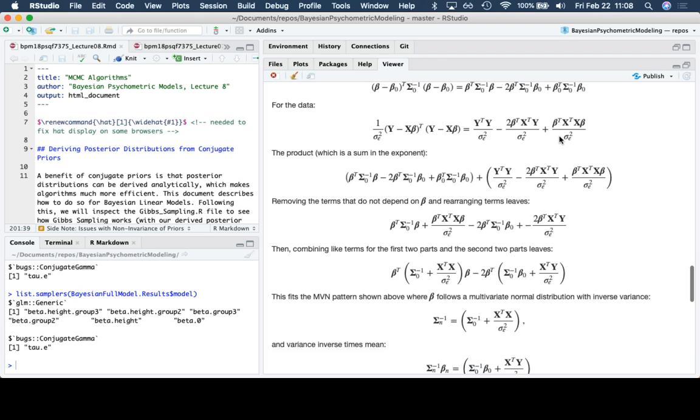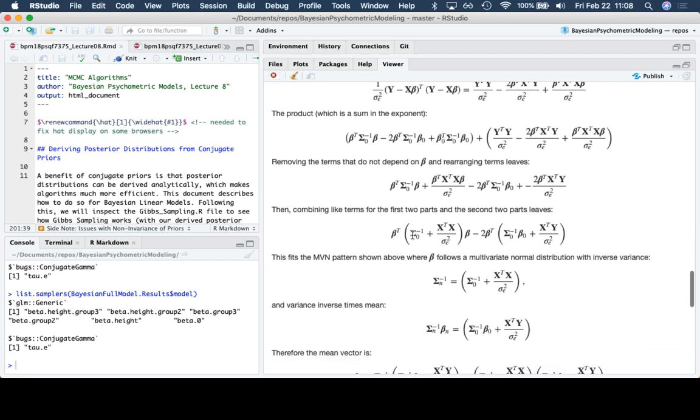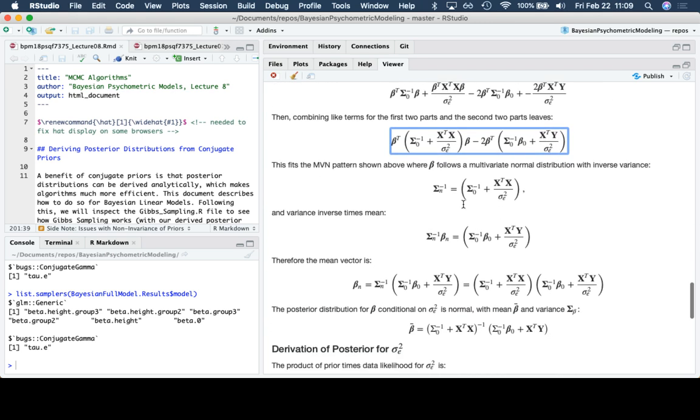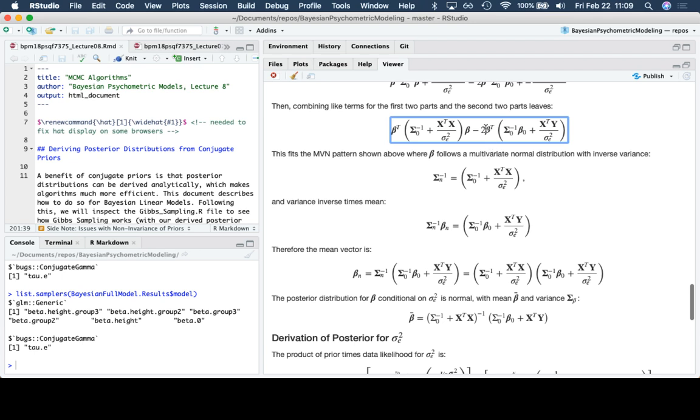So when we see that, we can say this term in the pattern above was the variance, the covariance matrix. And this term in the pattern above was the mean. So we can use that to our advantage with these two values. And actually, pardon me, this term right here.